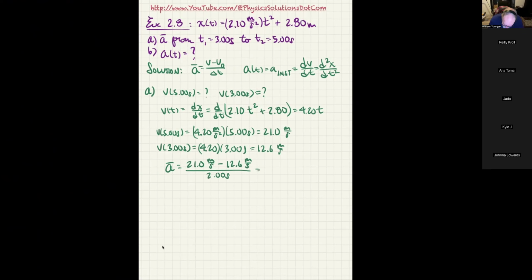So this should be 8.4 meters per second divided by 2.00 seconds. That gives me 4.2 meters per second squared as the average acceleration for that time interval. Anybody have any questions on that one?